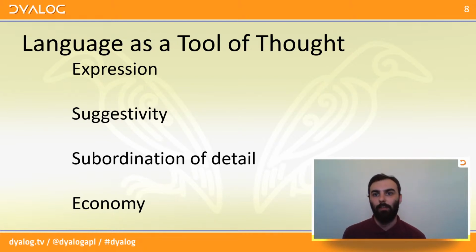We want to express ideas using language. Suggestivity. This is the concept of some phrase or construct you have being applicable in more than one place or in places other than the context in which you originally devised it.